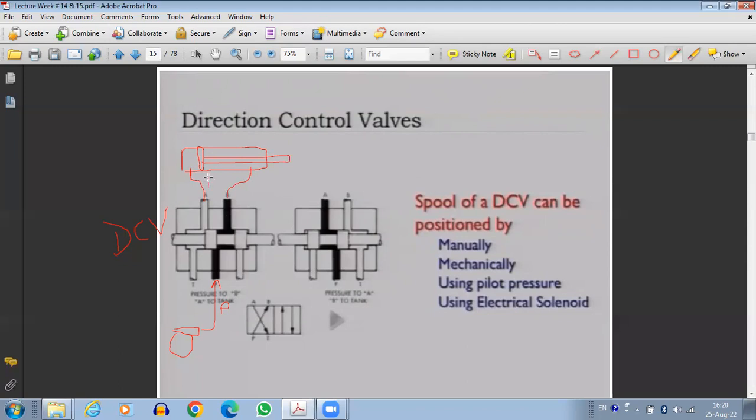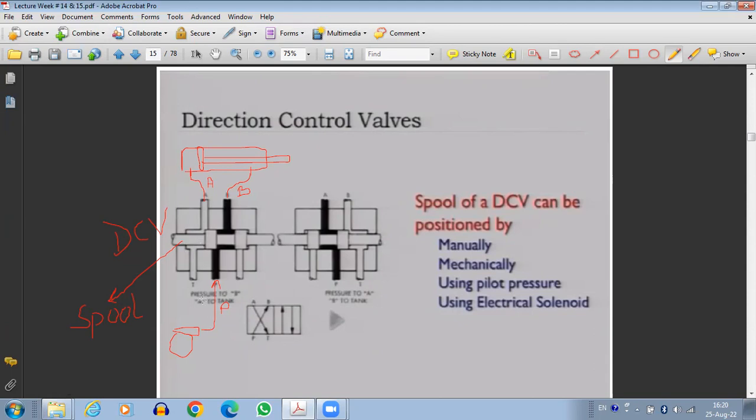Let's say this port is A, this port is B. Now in DCVs, the most important thing is this, which is known as a spool. The spool is something which is going to block some of the ports and will allow some of the ports to be connected to the other port.